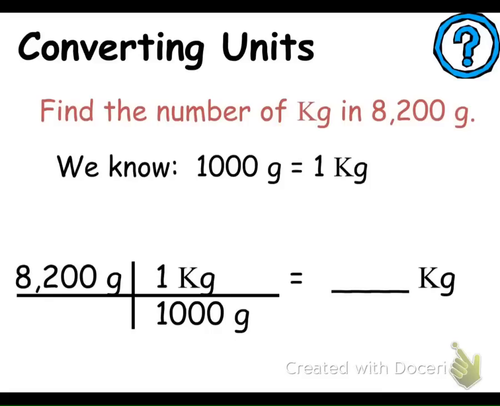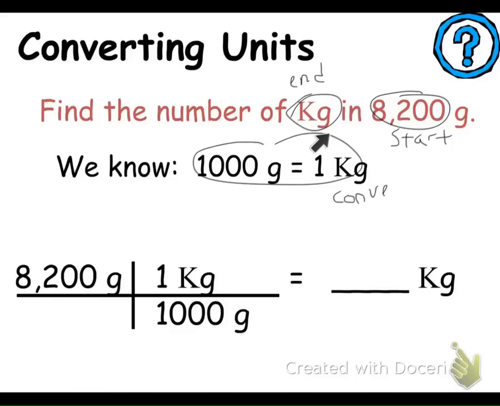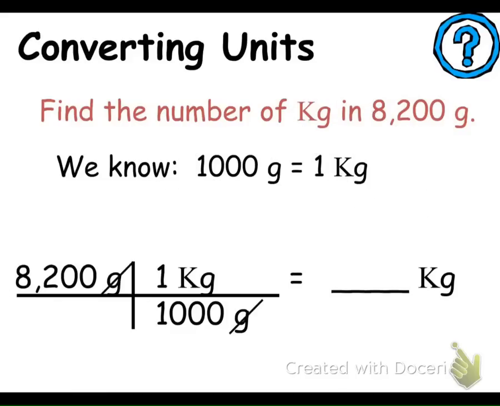So then in this question, we know what we're starting with, here's what we want to end with, and we know our conversion unit, so we're always going to put what we know in this upper left-hand corner. We're going to make sure that our units cross out right here, so we know that we've got grams and grams. You always ask yourself, can you go from grams to kilograms? You can. You know that 1 kilogram equals 1,000 grams.